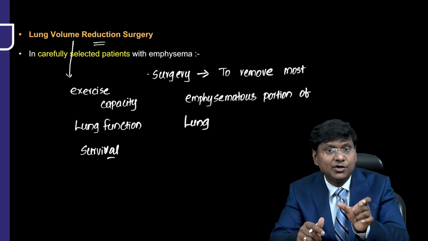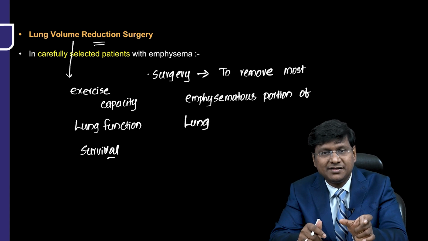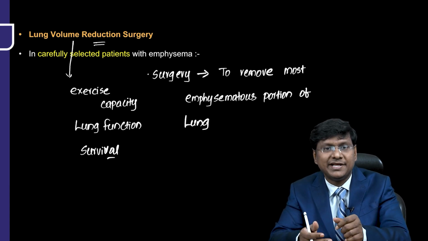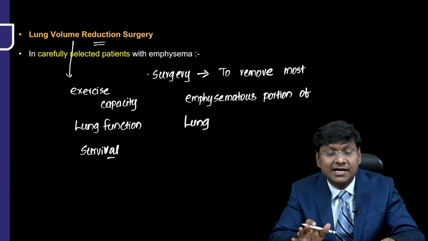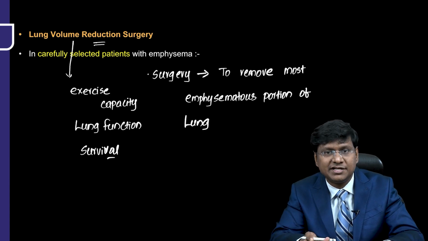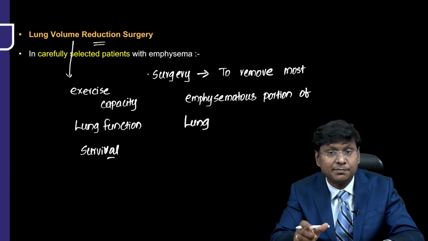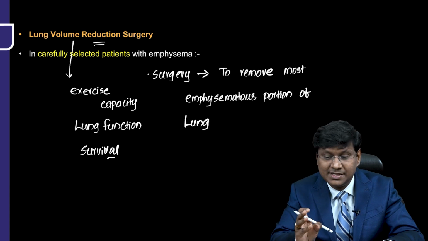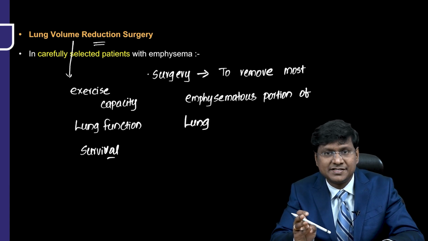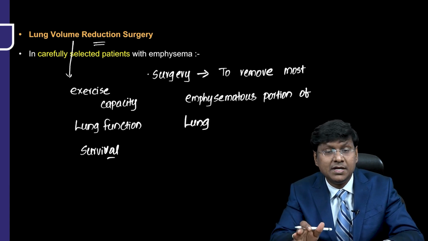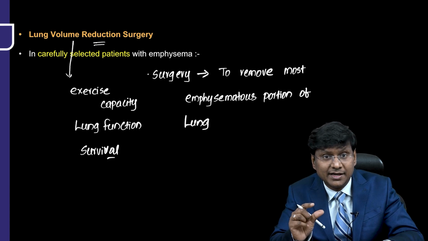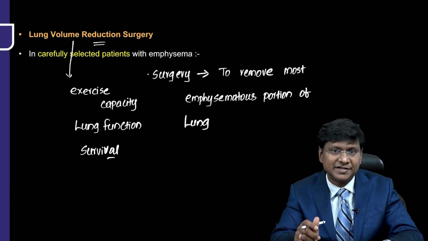The anatomical distribution of emphysema and post-rehabilitation exercise capacity are the important prognostic characteristic features. Now take the anatomical distribution of emphysema.